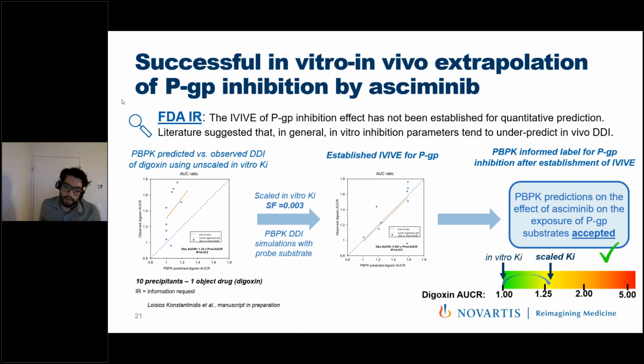This gave us weak effects at 40 milligram BID and 80 milligram QD, and then weak to moderate effects at 200 milligram BID. So the PBPK predictions were submitted to the FDA as a response to this information request, and our approach was accepted, and this also ended up in the label.